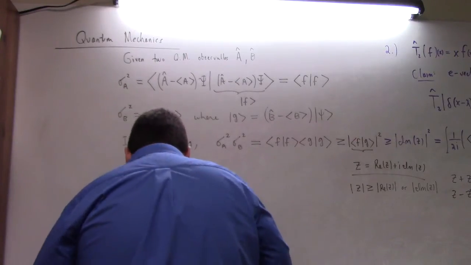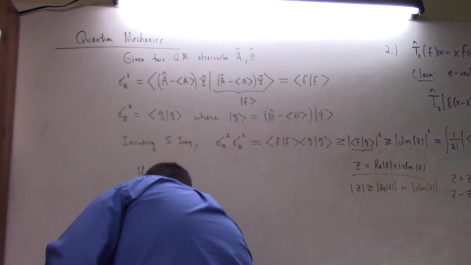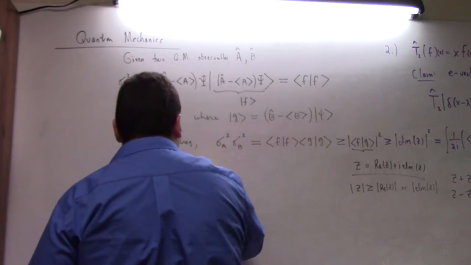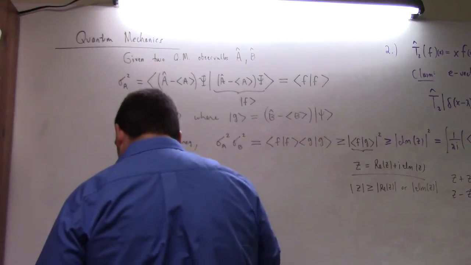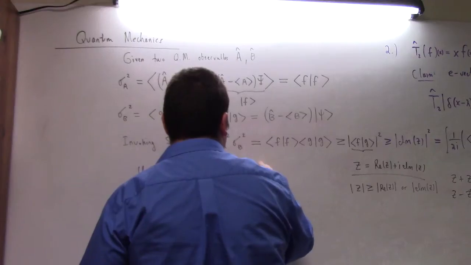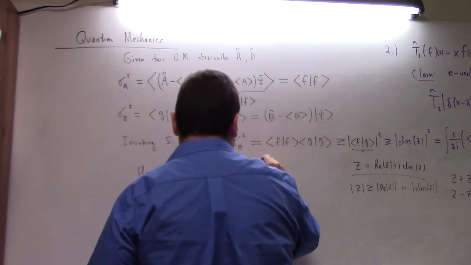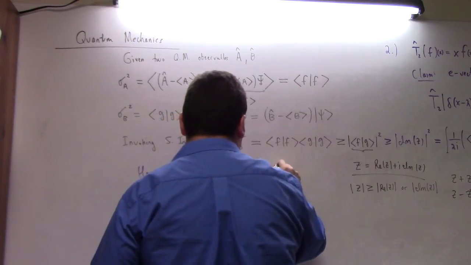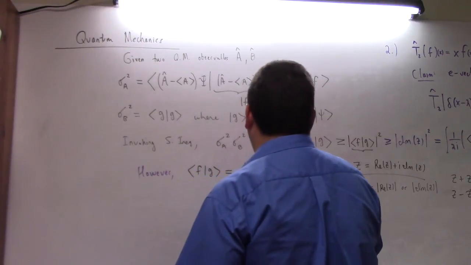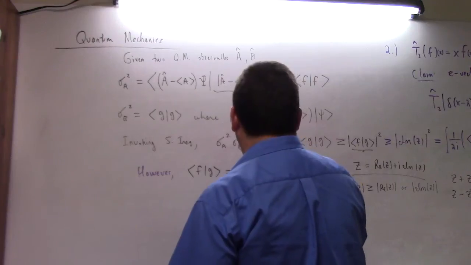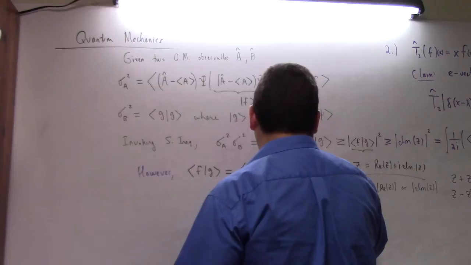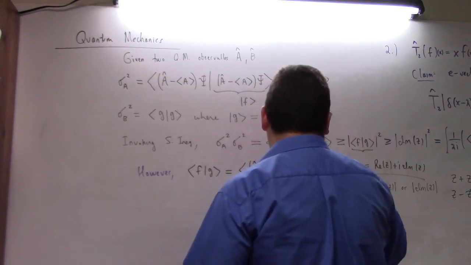However, we can calculate, what can we calculate? Lots of stuff here. How about this? So F with G, what's that? This is A minus the expectation value of A, psi, with B hat minus the expectation value of B, psi, like so.